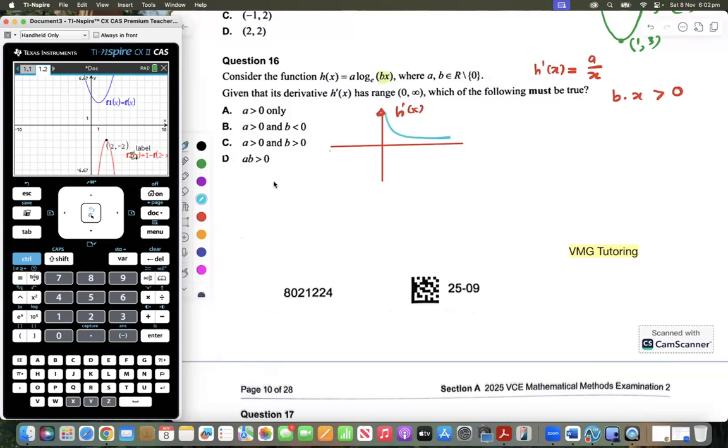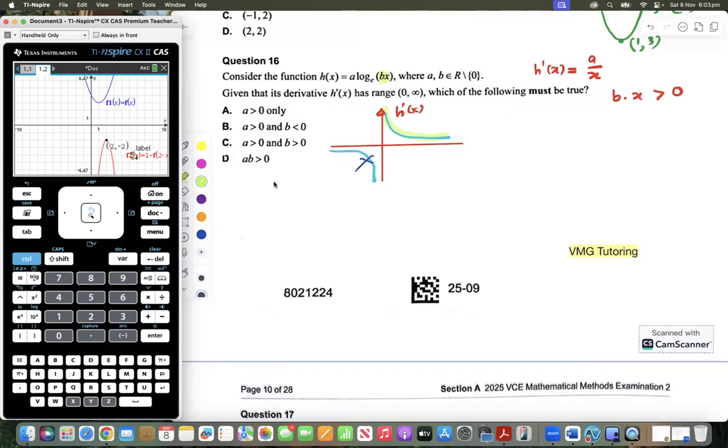This hyperbola is defined, its range goes from 0 to infinity. So basically, it does not have this bit. It only has this portion of the graph. Okay, that's the first part of it.